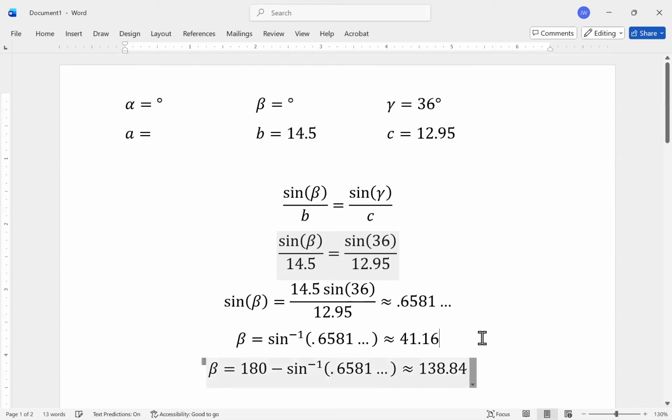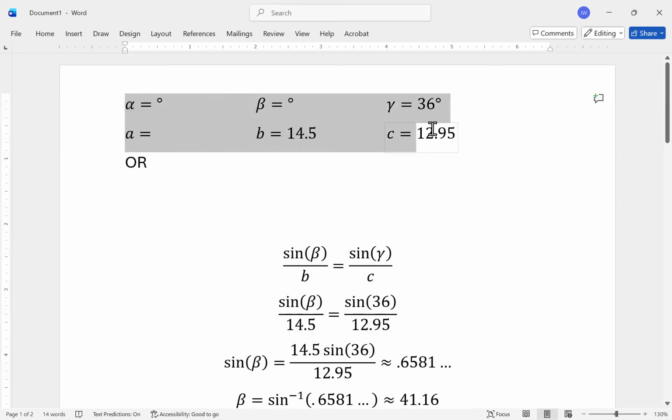Now I want you to notice that this gave us two angles, and both of them are going to be such that when you add gamma, they'll still be under 180. 138.84 plus 36 is still under 180. That means that this information actually leads us to two different options for triangles.